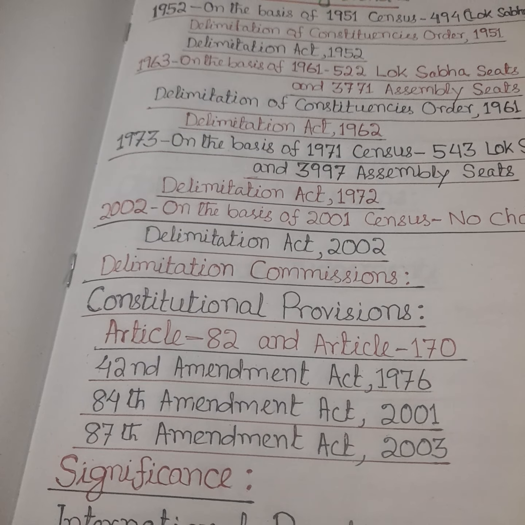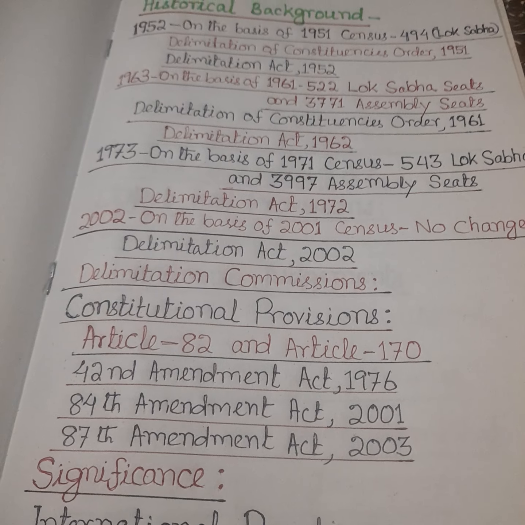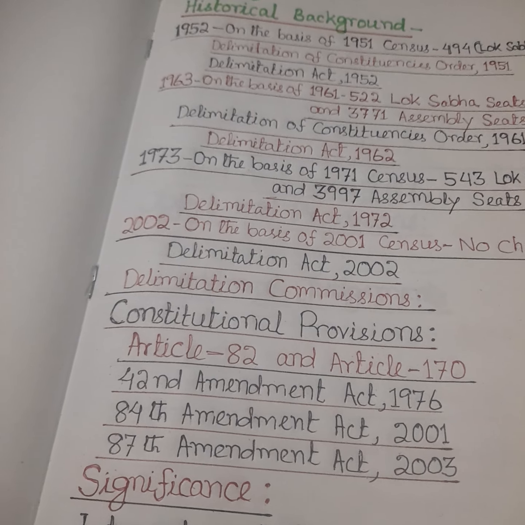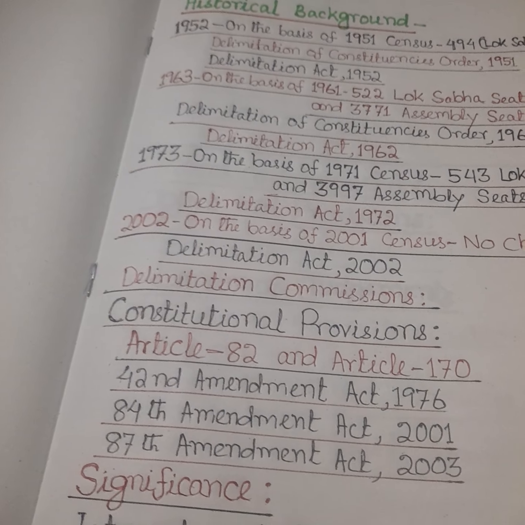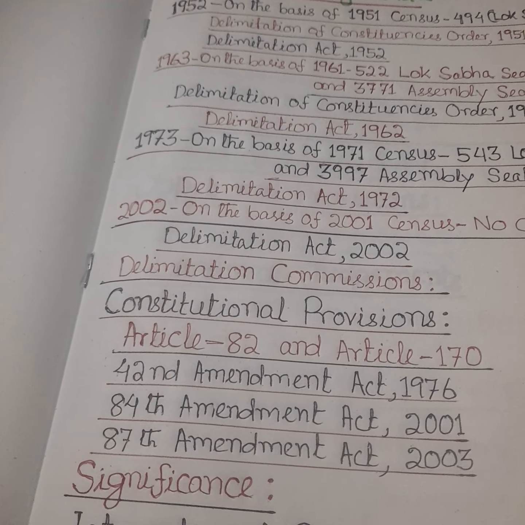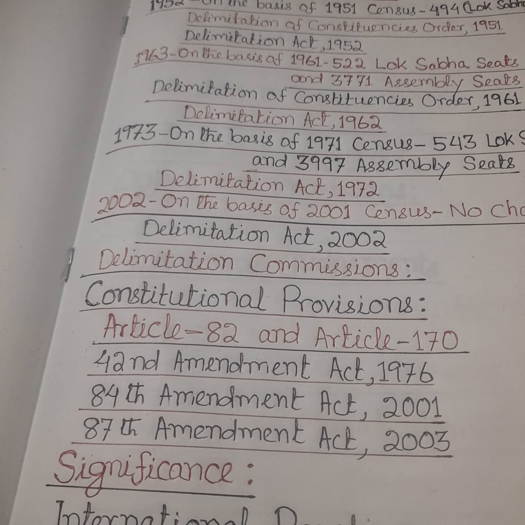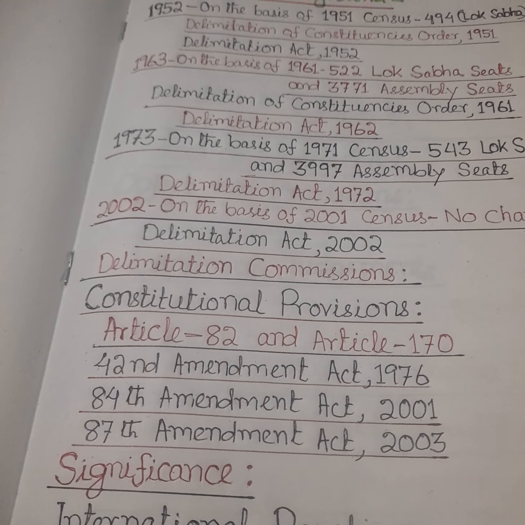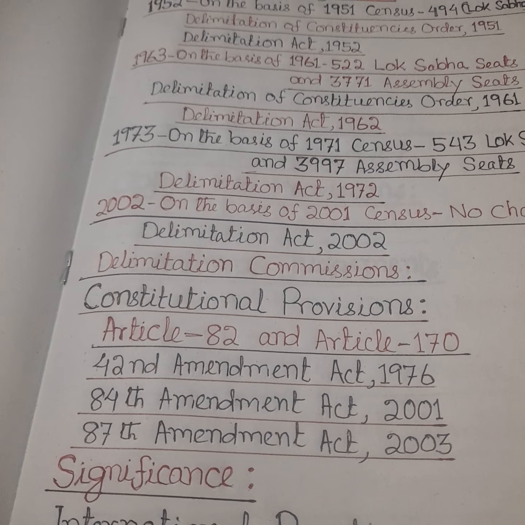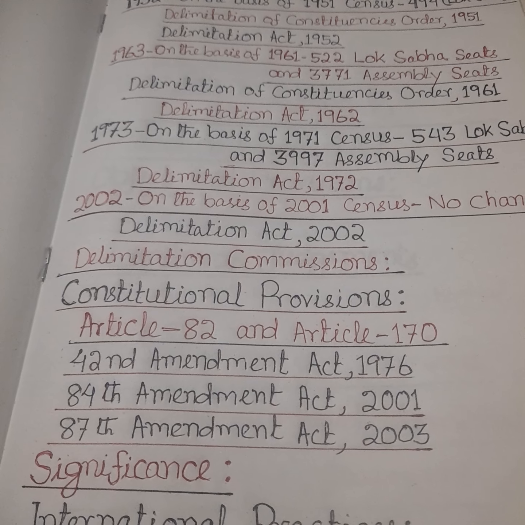Now we would like to discuss the historical background of delimitation. The delimitation process was started in the year 1952, the first after independence, on the basis of the 1951 census, when the Lok Sabha had 494 seats.